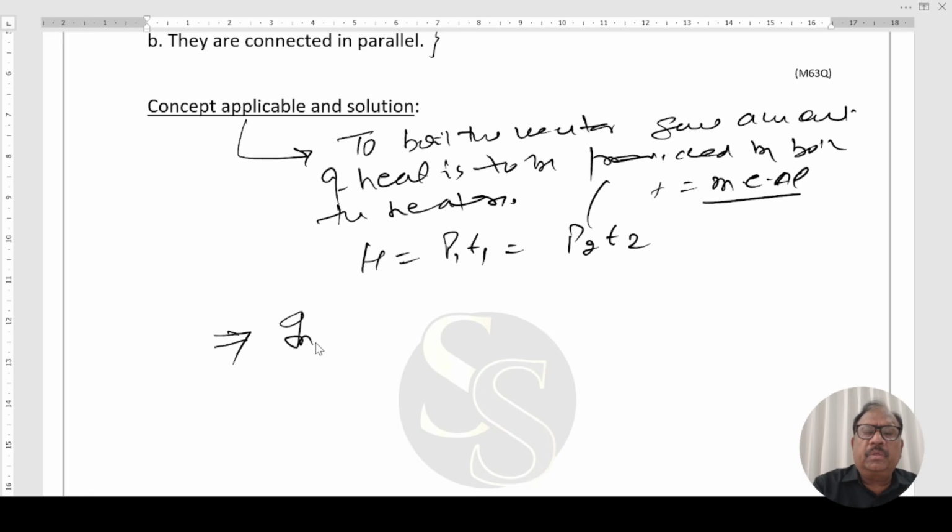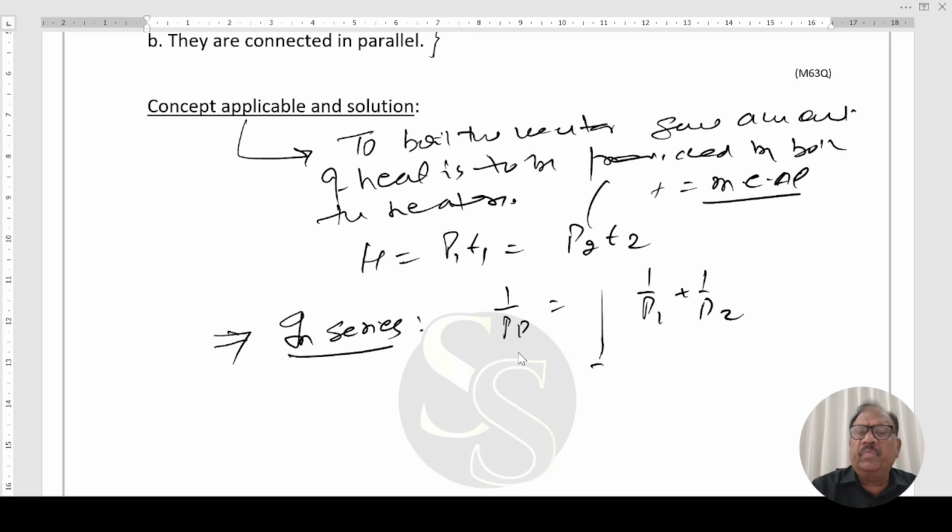Now, in series combination, 1 over PS equal to 1 over P1 plus 1 over P2. So this comes out to be, PS ki jagah H over Ts put karenge. So Ts will be equal to, in series combination, power consumed is this one.